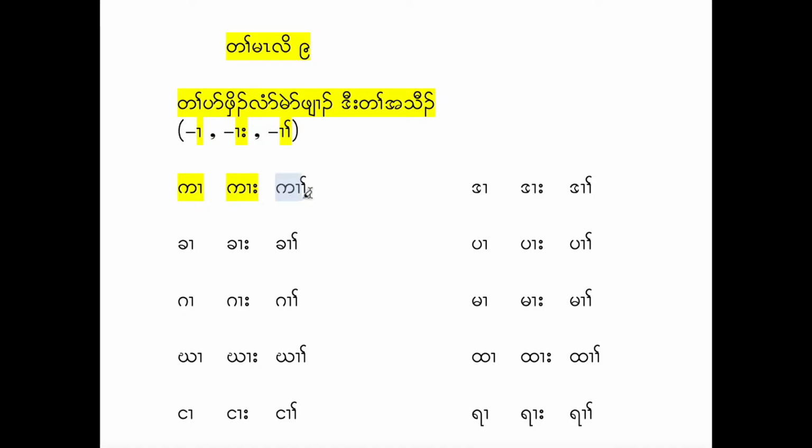Ga the g. Then ka, k. Ka plus he, k. Ka the k.